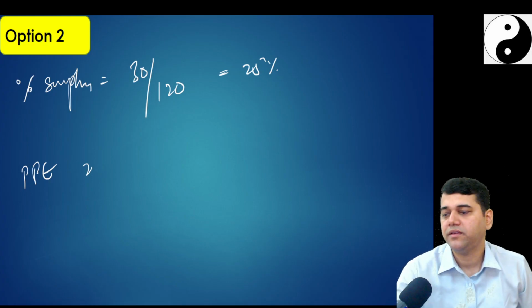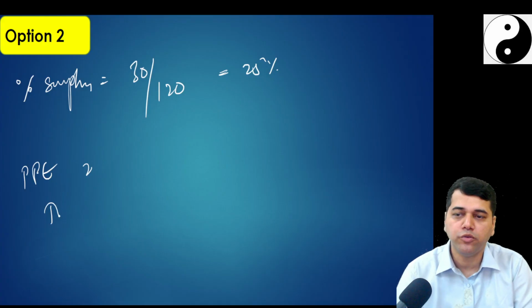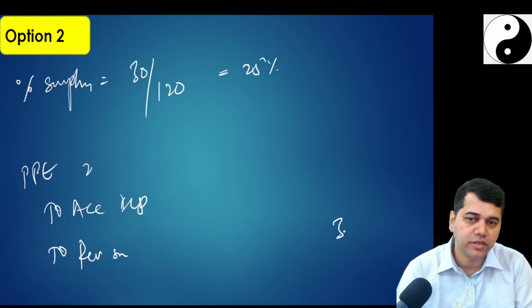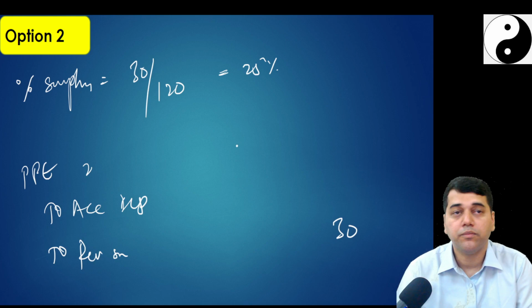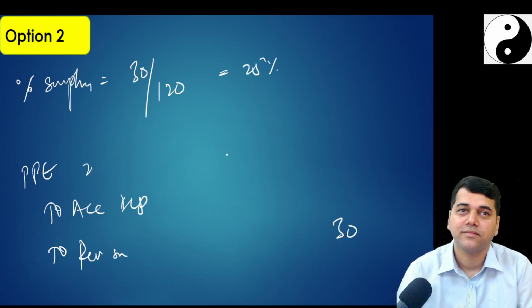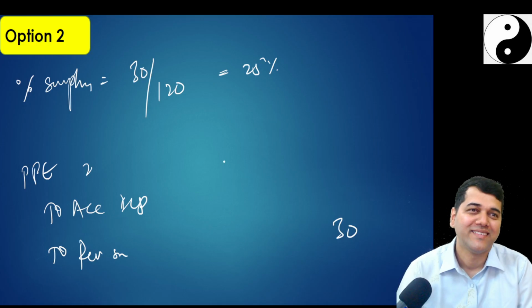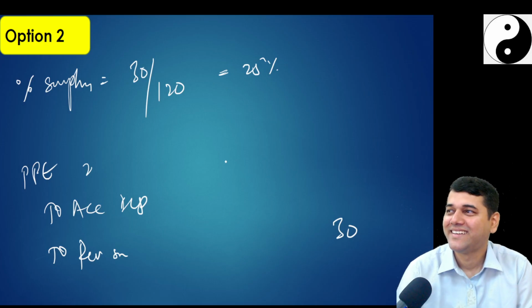I will tell the journal entry: PPE to accumulated depreciation to revaluation surplus, and I will help you with the third one, 30. How much is my PPE? 50. Yes, Vishnupriya. Vidya, what is your opinion? How much should I write?